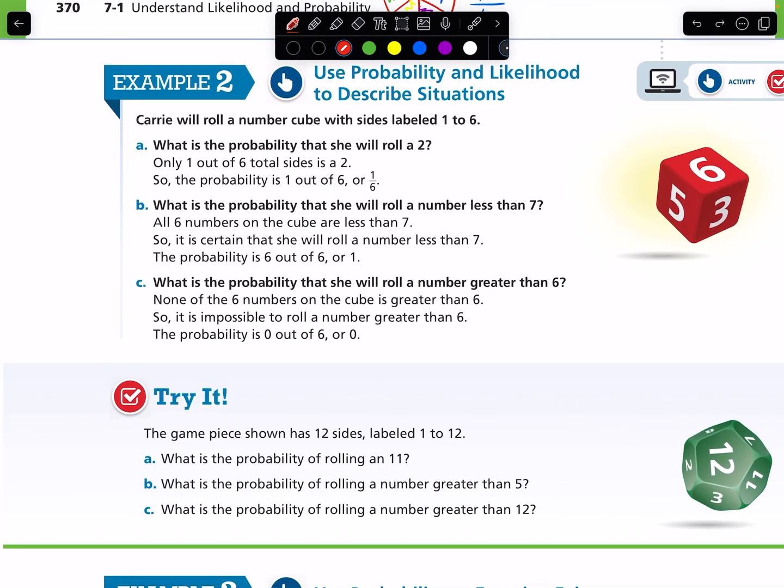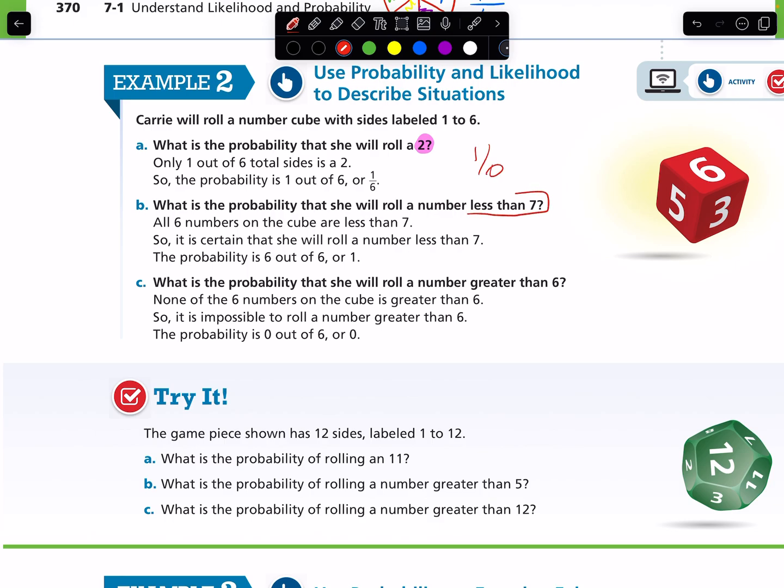Example 2, go ahead and take a moment and read that. What you are looking for is describing the situation, and some of those situations may require you to think more. This one, since there's 2 on one side, that is still just 1/6.